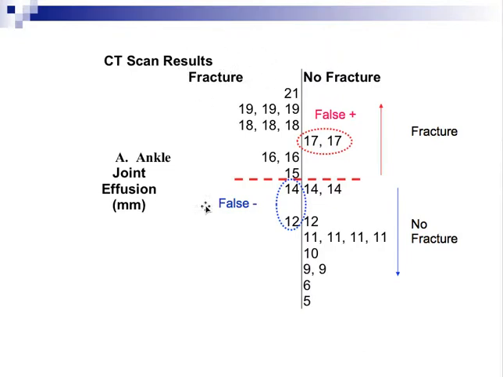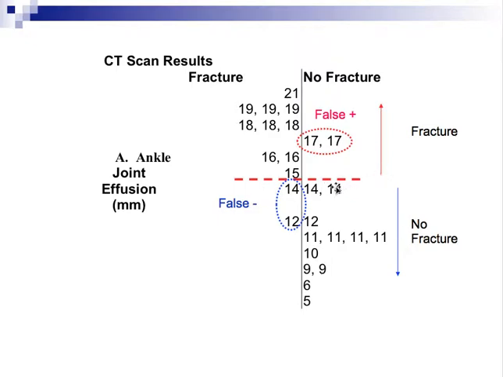So these people all really have a fracture, and these people all really do not have a fracture. What we can do is draw different cutoffs for declaring a fracture based on the swelling. Here in this example, we're drawing the cutoff on the red. We're saying, okay, 14 and below means they don't have a fracture, and 14 and above means they do have a fracture, and that's what these arrows indicate.